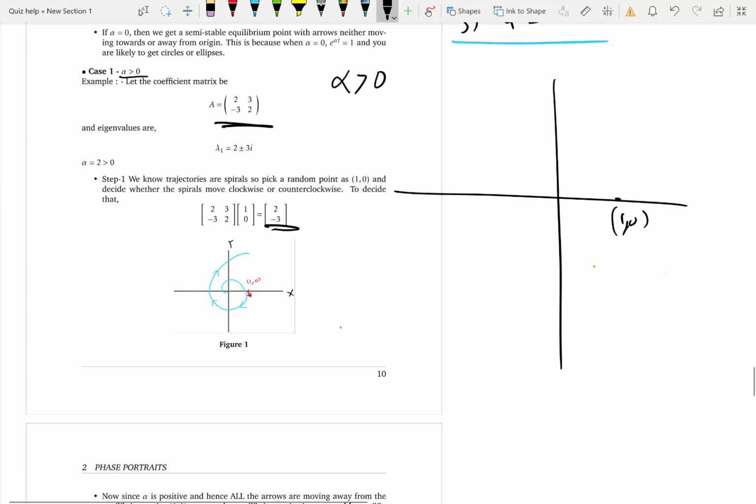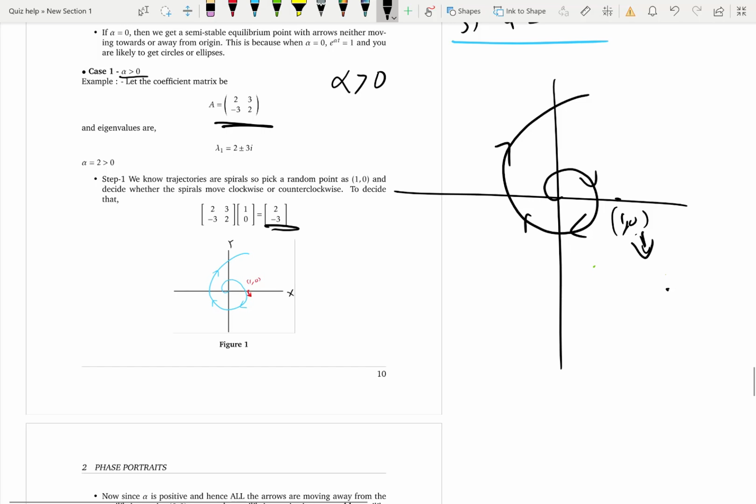So 2 negative 3 is like here, so it's pointing downwards again. So the spiral will be moving away and moving downwards, so it's a clockwise spiral. You can see the arrows are moving away and it's a spiral that is moving clockwise. That is how you draw the solution trajectory when alpha is positive.